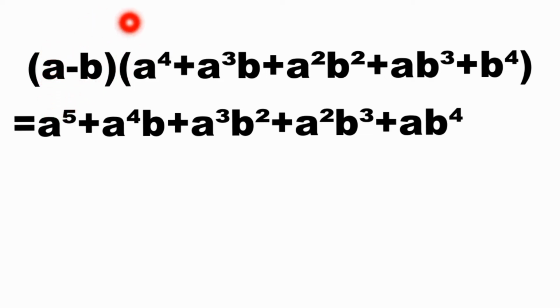A times A cube B is plus A to the fourth B. A times A squared B squared is A cube B squared. A times A B cube is A squared B cube, and the last is A times B to the fourth is A B to the fourth.